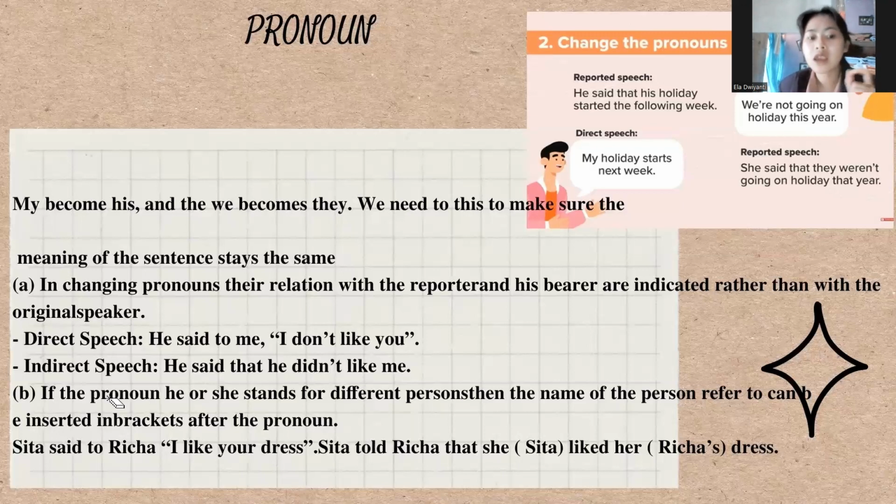If the pronoun he or she stands for different persons, the name of the person referred to can be inserted in brackets after the pronoun. Sita said to Rika, I like your dress. Sita told Rika that Sita liked her Rika's dress. Okay. Next.